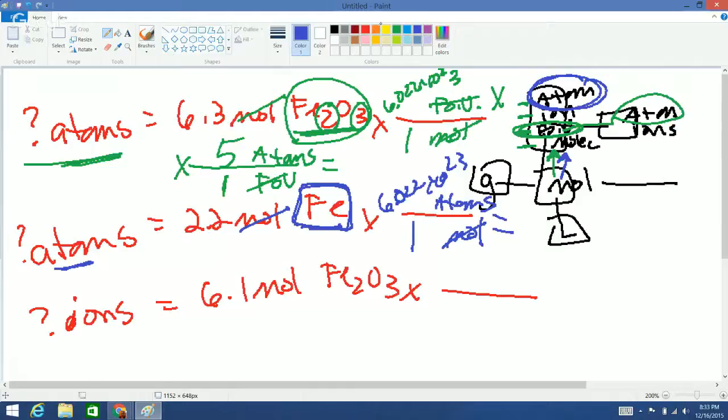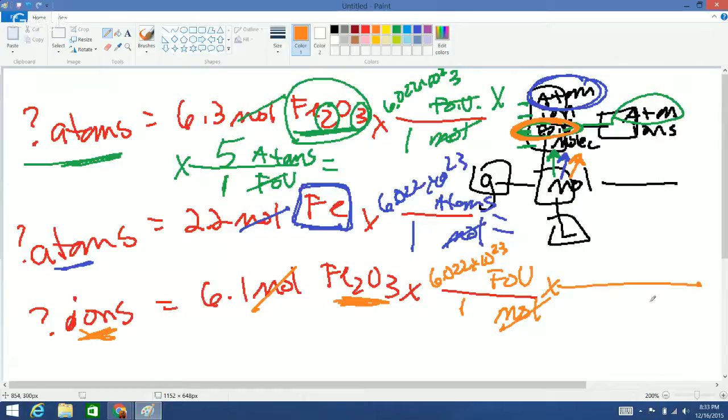And this is yet again different than my last case here about ions. So at the bottom here, I'm going to put moles to get rid of them. Look at my substance, Fe2O3. So as I'm headed to the top, I ask myself, what is Fe2O3? Well, it's a formula unit, because it's a compound, an ionic compound. So I've got to go to formula units on top. 1 mole, 6.022 times 10 to the 23rd formula units.